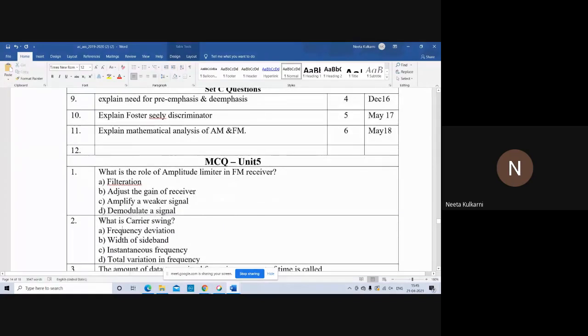Then next question is, what is carrier swing? What is the meaning of the word carrier swing? First is frequency deviation, B width of sideband, C instantaneous frequency, and D total variation in the frequency. Can you tell what the meaning of carrier swing is in FM? At least try to give the answer.